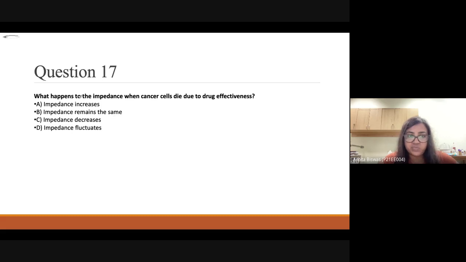So the question is, what happens to the impedance when cancer cells die due to the drug effectiveness? So what change occurred?